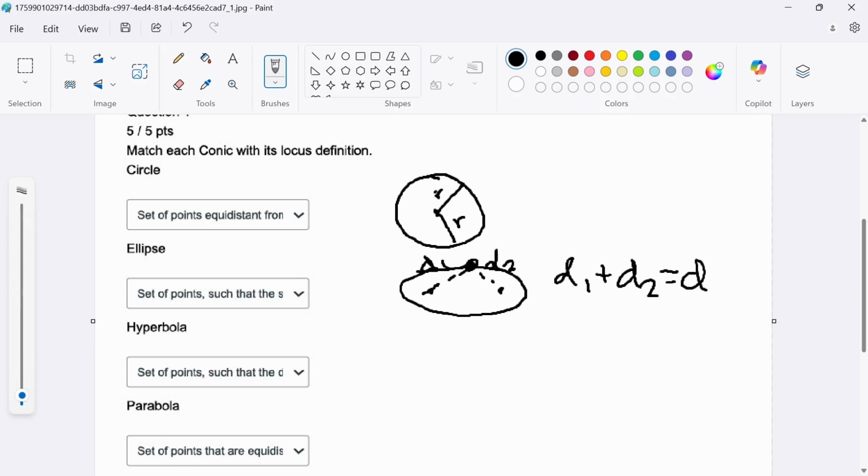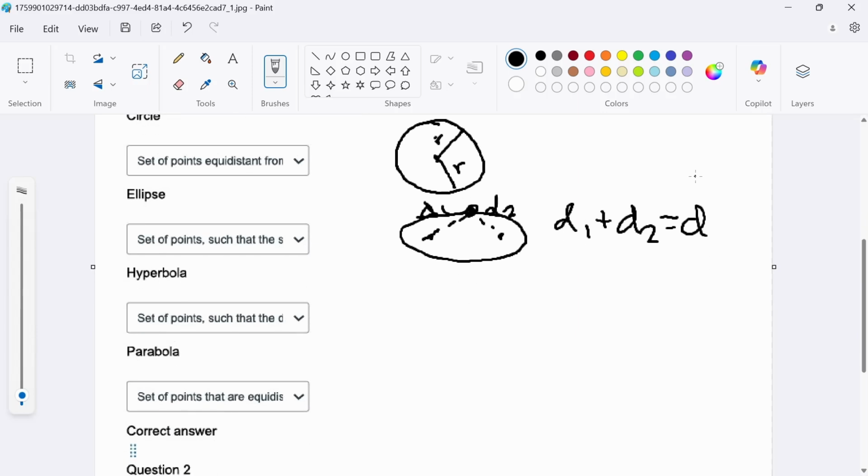So at any point, if I take the distance from one focus and the distance from the other focus and add them together, it will equal this D. This is a set of points such that the sum of the distances from a point to the two foci, what is the plural of locus? Loci? I don't know. To the loci or to the locus, the sum of them is a constant.